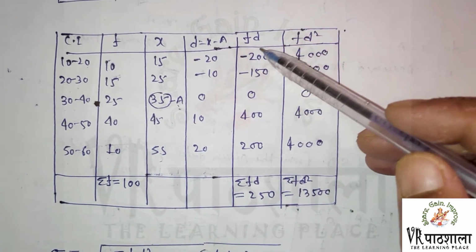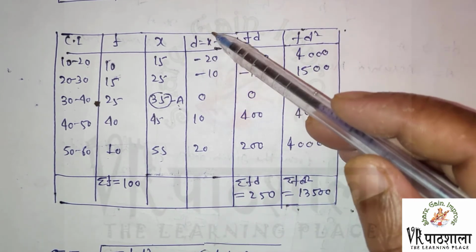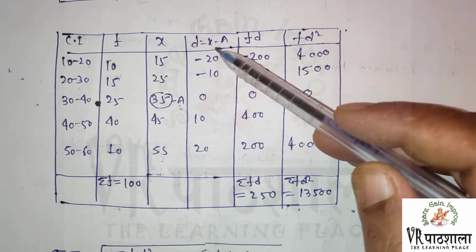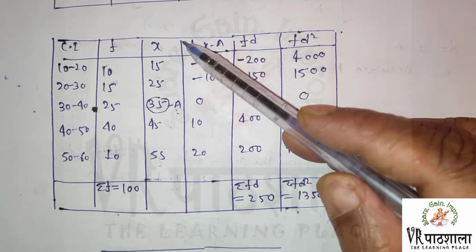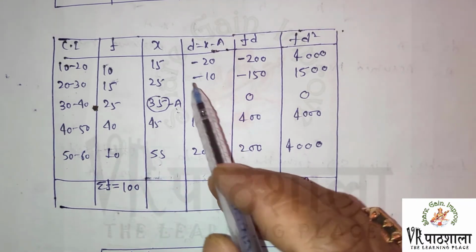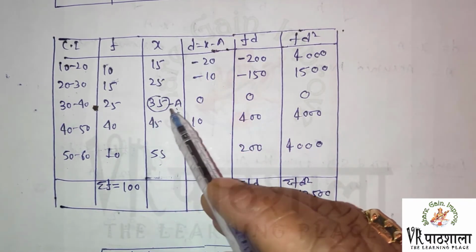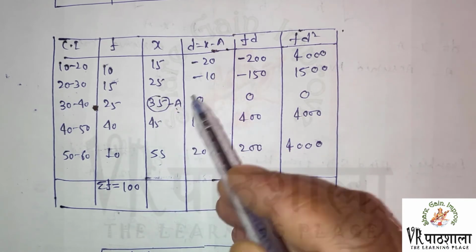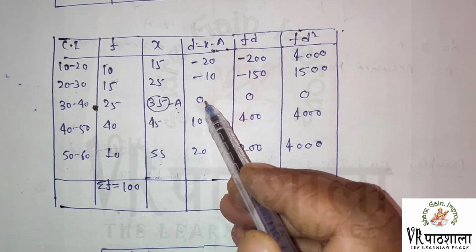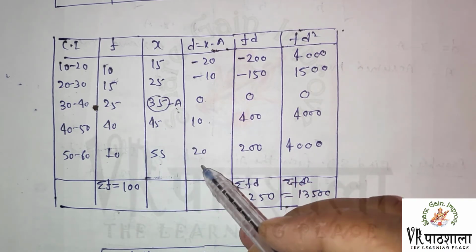For fd, first we need d, so we calculate a column for d. d equals x minus a, where a is 35. So 15 minus 35 is minus 20, 25 minus 35 is minus 10, 35 minus 35 is 0, 45 minus 35 is 10, 55 minus 35 is 20.